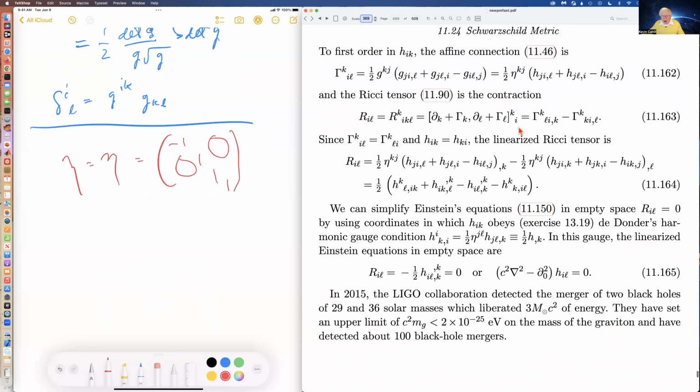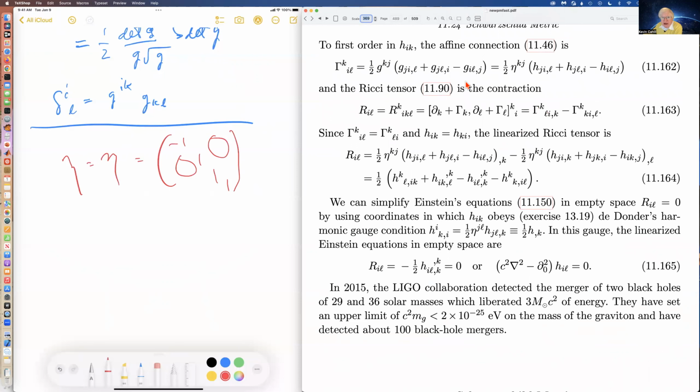And if we work through that to first order, then the affine connection is this, but these are derivatives. So the derivatives are already first order. And so in G inverse, we have to use eta.